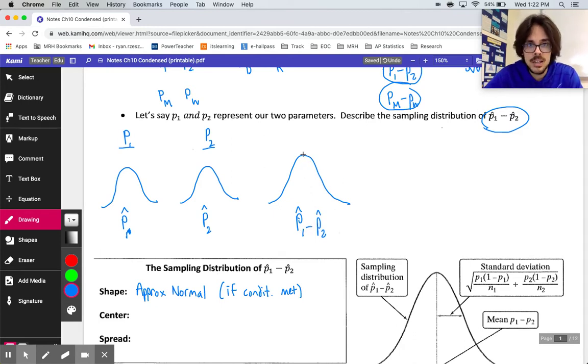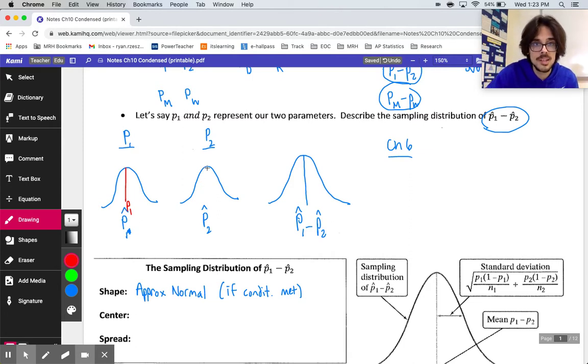The mean of this guy, again, we're thinking back to how chapter 6 stuff worked. Mean was our friend back in chapter 6. It just did what common sense said you should do, which is to take the first mean minus the second mean. Well, the mean for p1 hat's graph is going to be at actual p1. The sampling distribution lines up at the true parameter value.